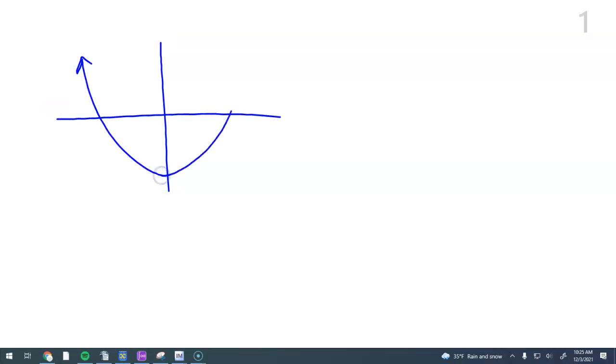Yeah. All right. So let's start over. Let's say I have y equals x squared. This is y equals x squared. So I'm giving you the equation this time. What's the derivative of x squared?